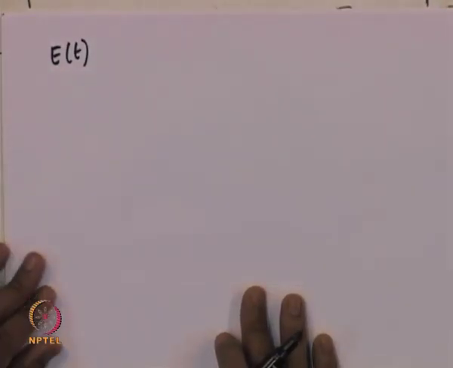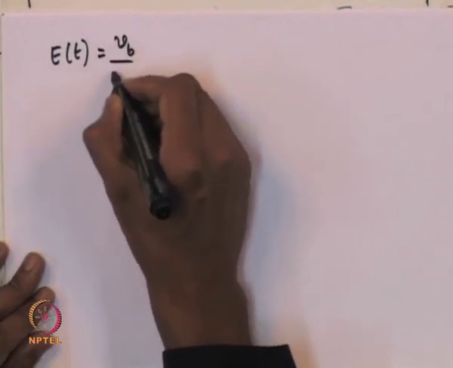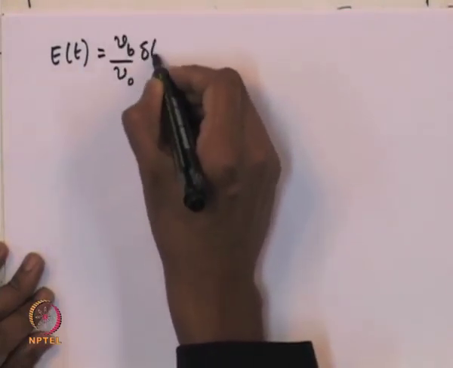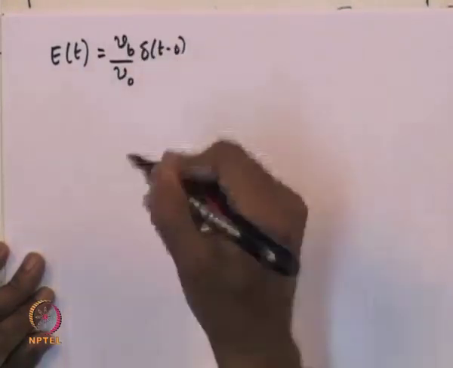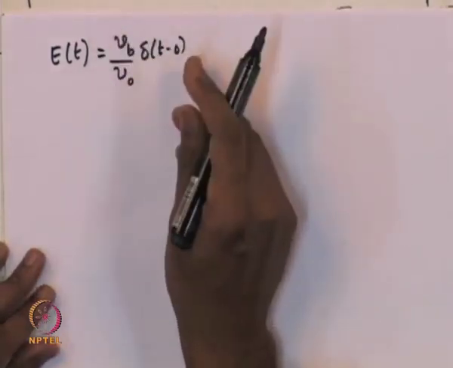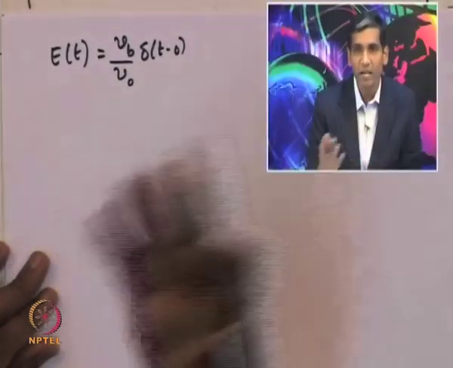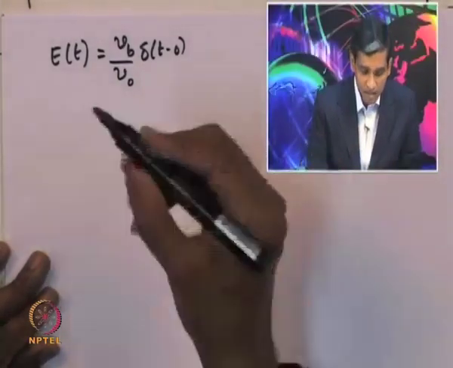Various possible residence time distributions have been considered, and one of the possible distributions is VB divided by V naught times delta of t minus 0. That is the fraction which is bypassing the reactor and leaving the fluid stream very soon after it enters the reactor.